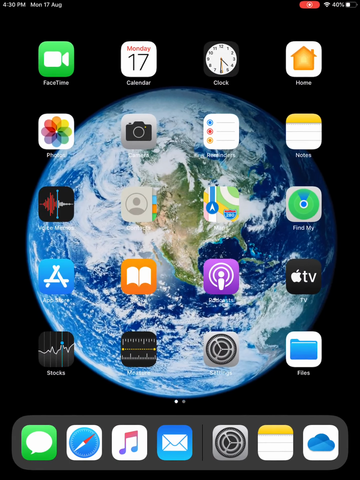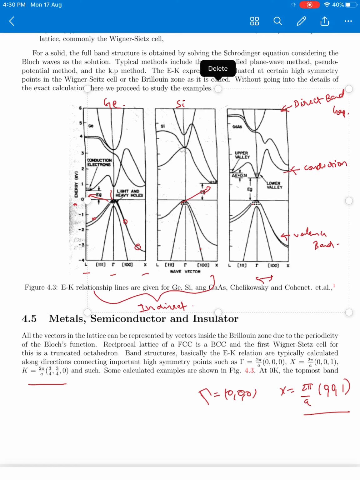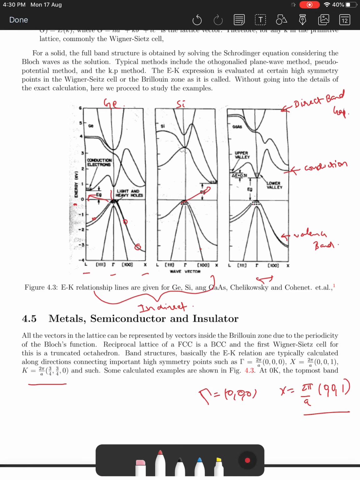So let's go back to this. If you see the gallium arsenide, right, till the point it is here, right, very close to this topmost of the valence band, for some reason it is still a parabola. It is still a sort of a free electron, and then has some changes afterwards.